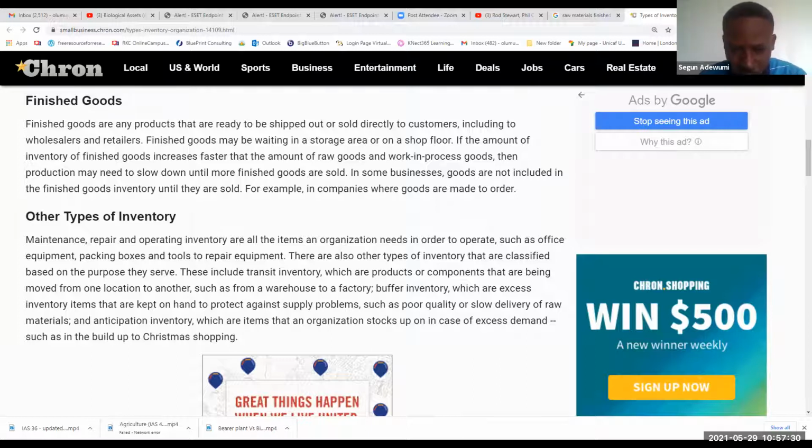Buffer inventory, which are excess inventory items that are kept on hand to protect against supply problems, such as poor quality or slow delivery of raw materials. And anticipation inventory, which are items that an organization stocks up on in case of excess demand, such as in the build-up to Christmas shopping.